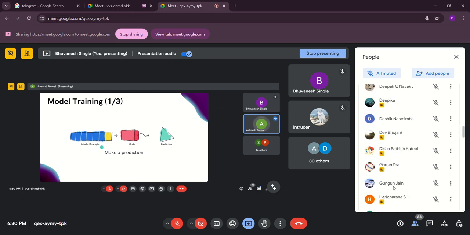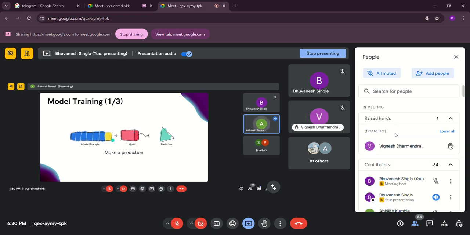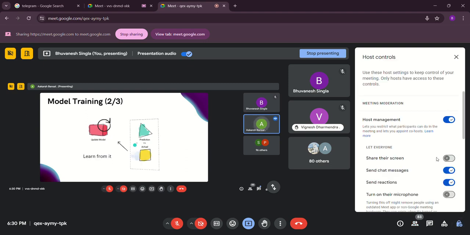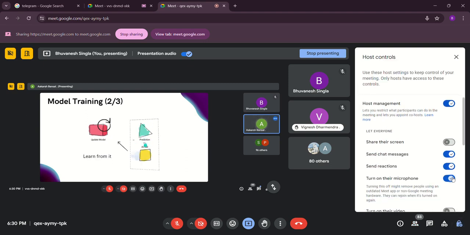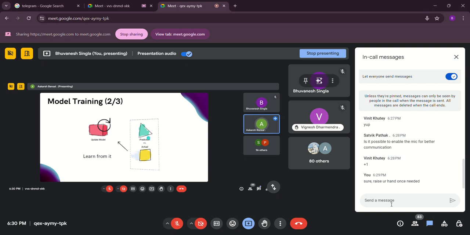What you do is you initialize a model. This guy does not know what to do, so he'll just take some input and give out some random output. Now this random output, because it's random, is almost certain to be wrong. So you compare it with the actual value, and then you update the model according to the difference you get.